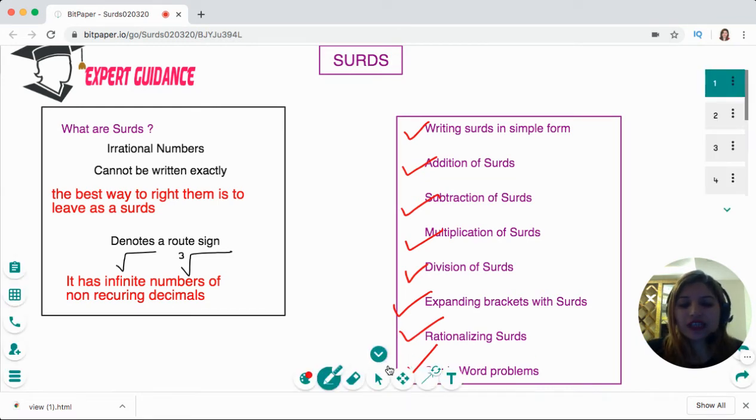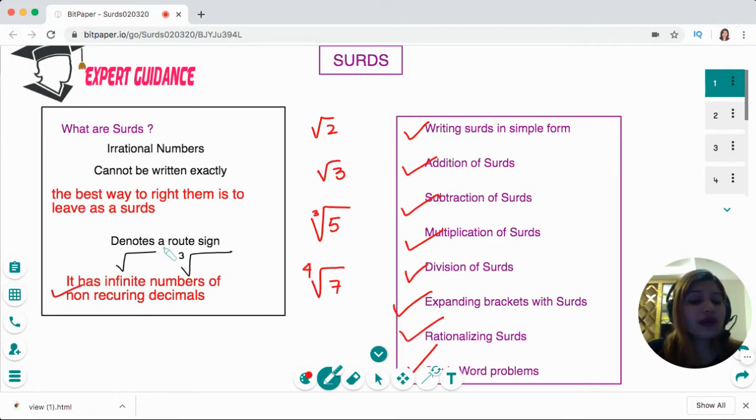Now, you must have seen some numbers written as root signs like root 2, root 3, root 5, cube root, fourth root of 7. Now, all these, when you put them into your calculator, you get a very big number with a lot of decimal places, and they have an infinite number of non-recurring decimals.